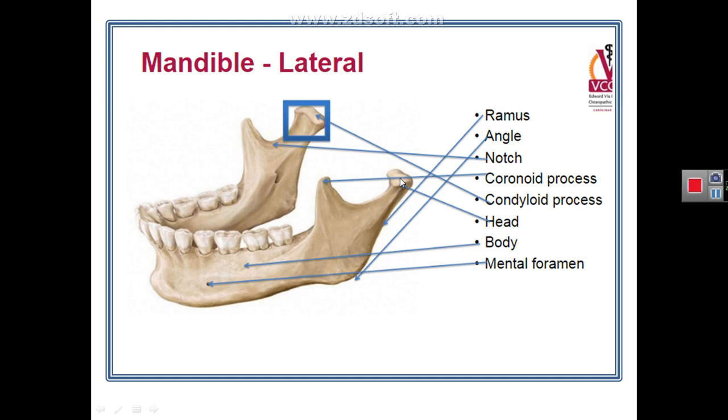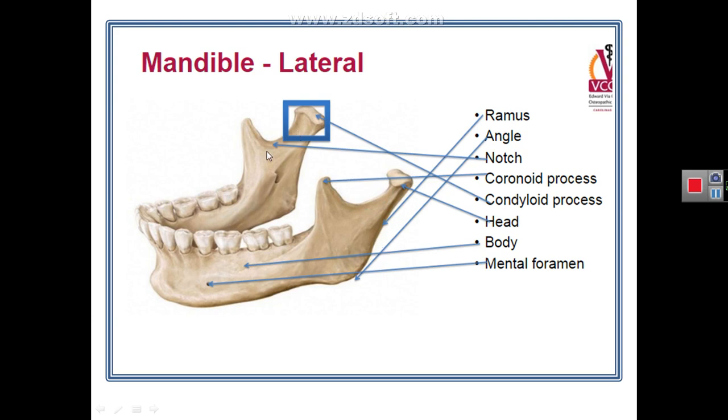This head forms the temporomandibular joint with the temporal bone, with the mandibular fossa of the temporal bone. The anterior surface of the neck shows a fossa or fovea for the lateral pterygoid muscle, and this is the mandibular notch between the condyloid and coronoid processes.